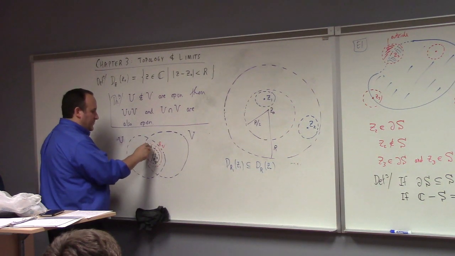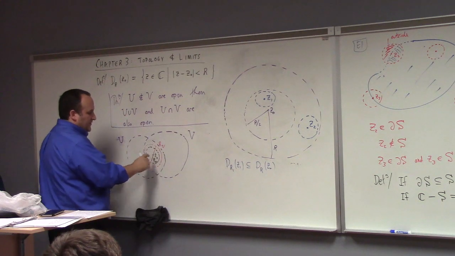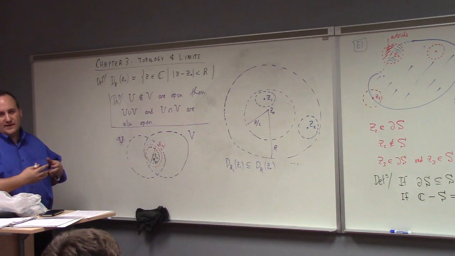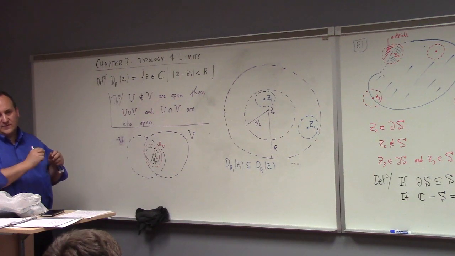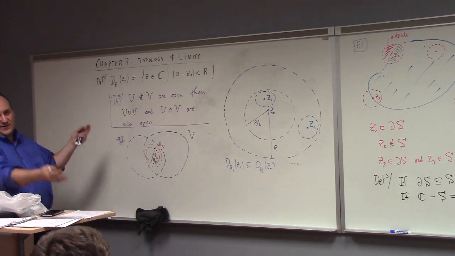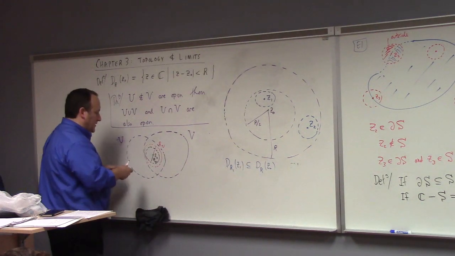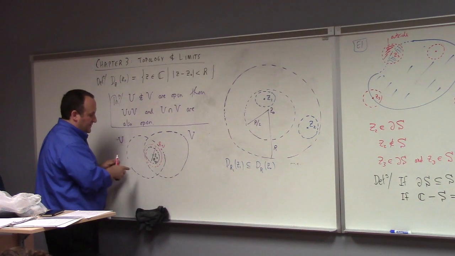In principle, both of these disks don't have to fit inside the intersection, right? It could be that one of the open disks I pick goes outside of the intersection, but the other one doesn't. Let's see if I could achieve that.